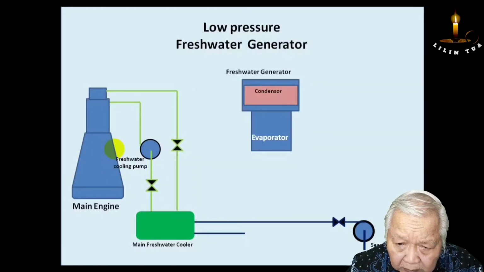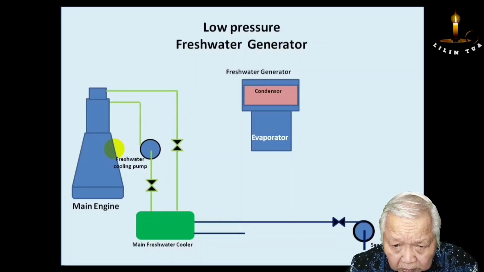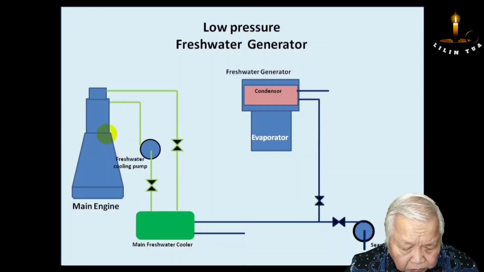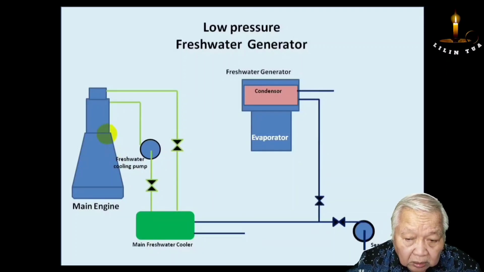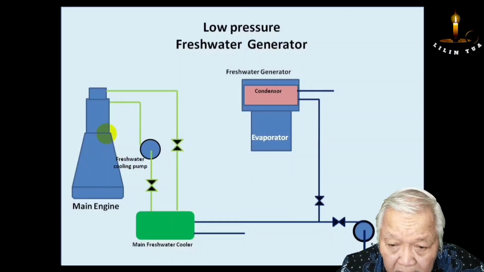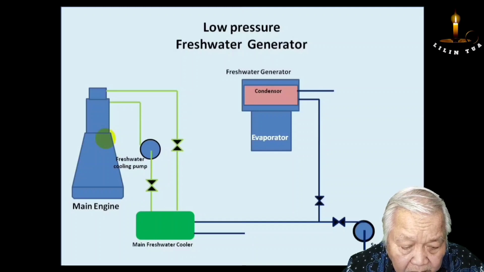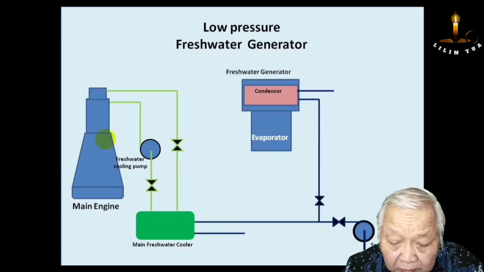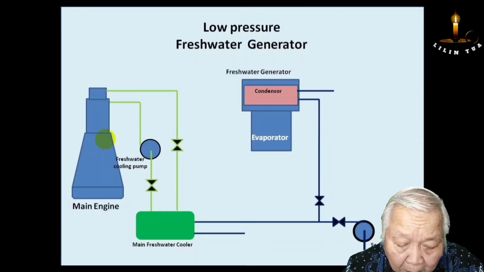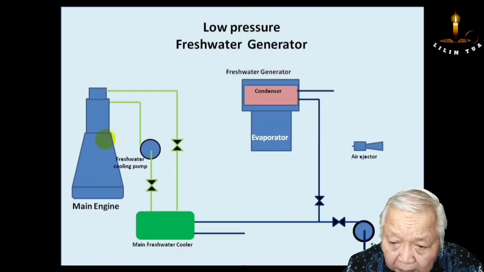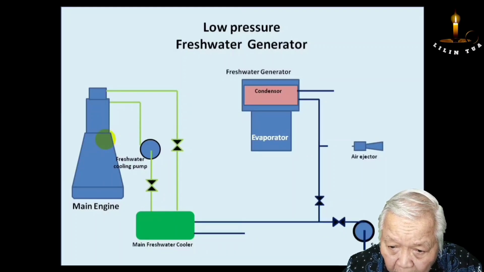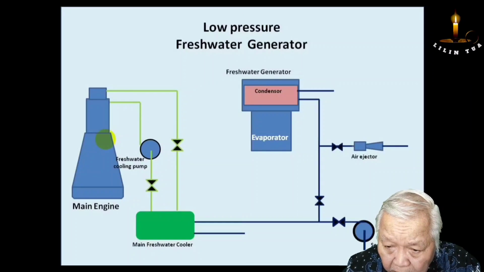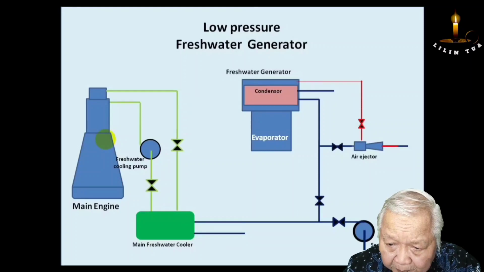This freshwater distiller is a low pressure type. As a consequence, we must install a vacuum pump or air ejector. The air ejector is operated by high pressure water to suck the air from the system.